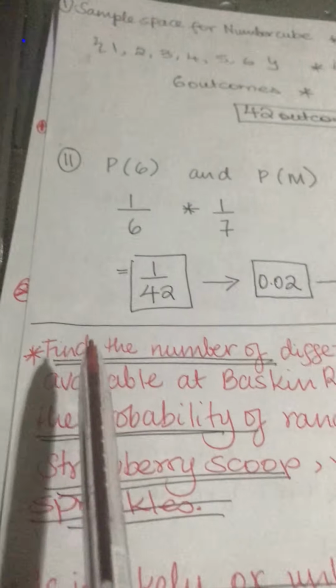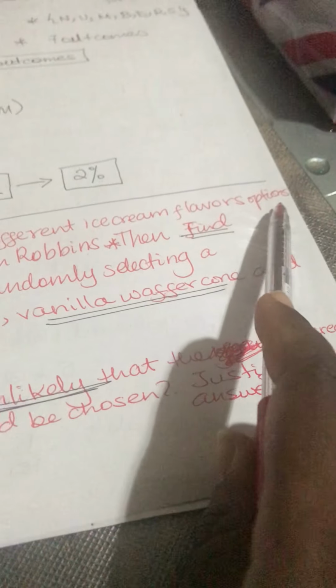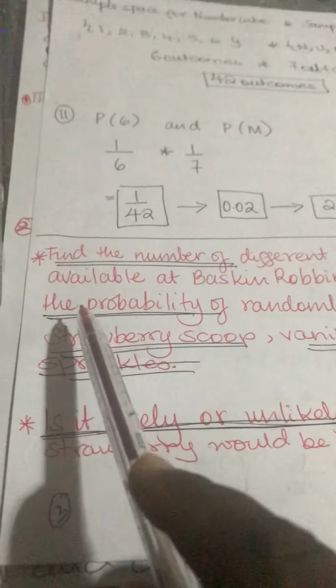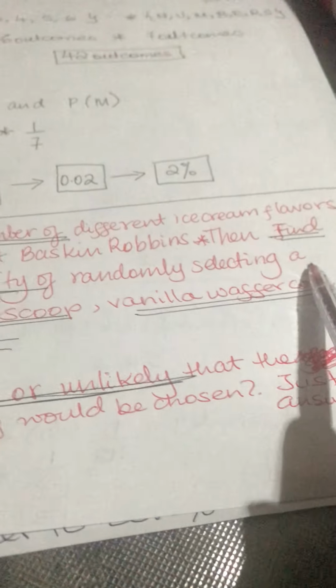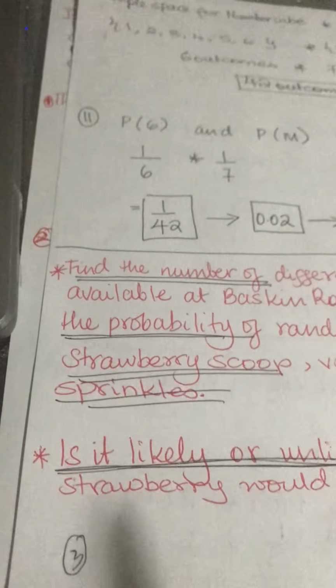Here is a question. Find the number of different ice cream flavor options available at Baskin-Robbins. Then find the probability of randomly selecting a strawberry scoop, a vanilla wafer cone, and sprinkles.